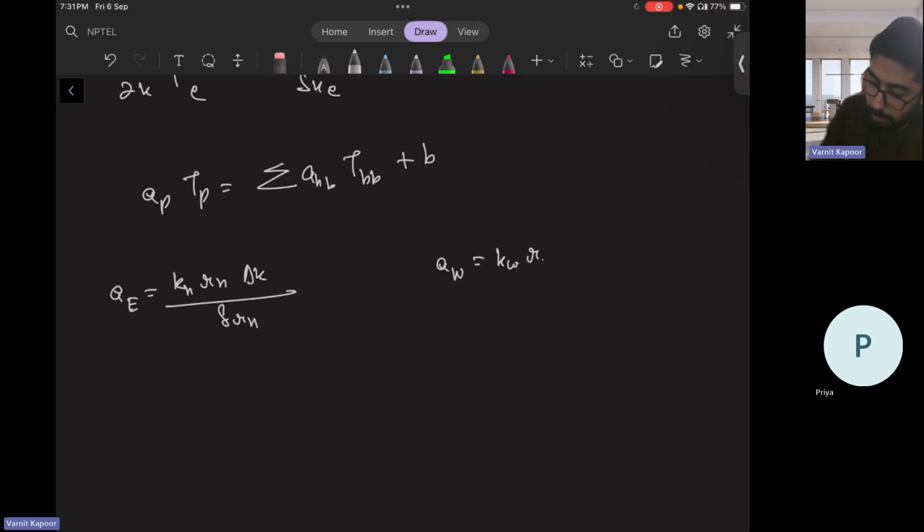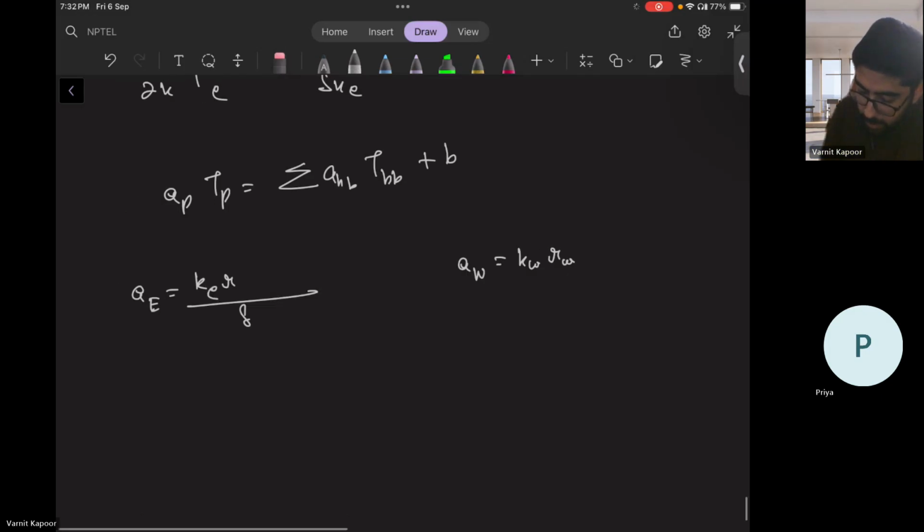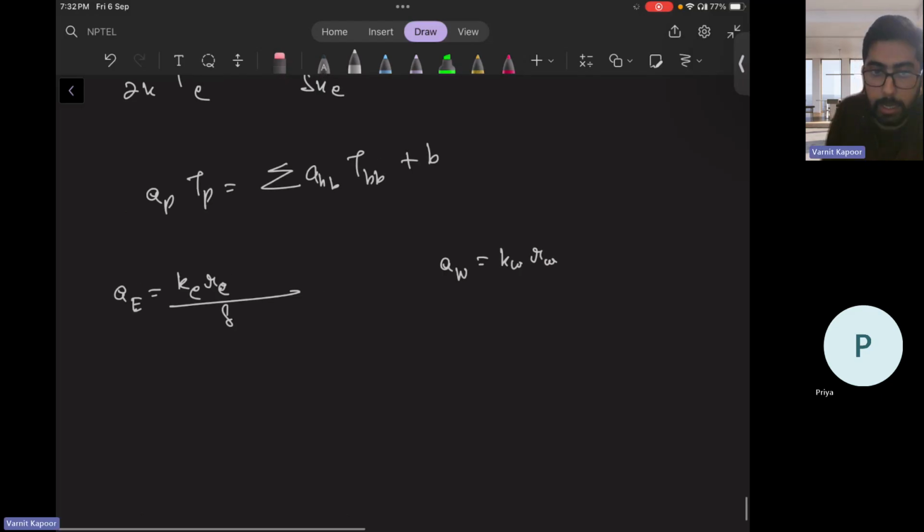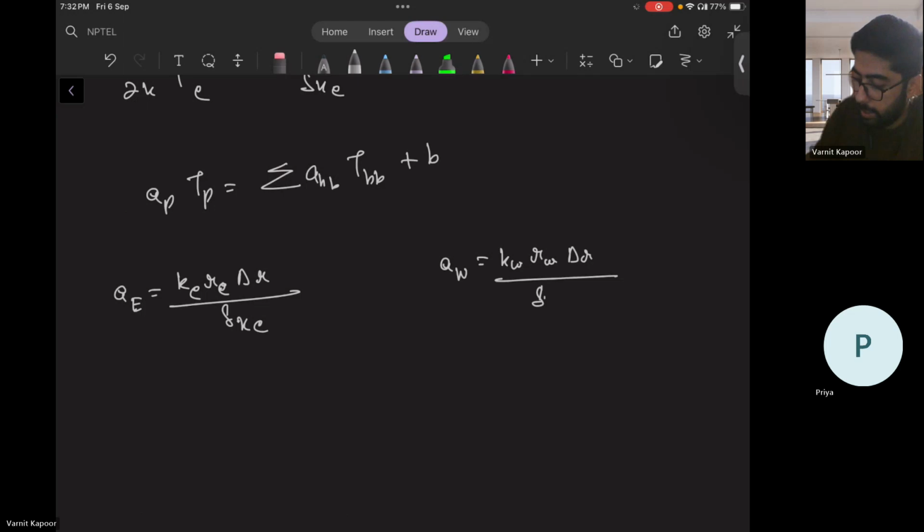A east will be Ke Re del R over del Xe. A west will be Kw Rw del R over del Xw.